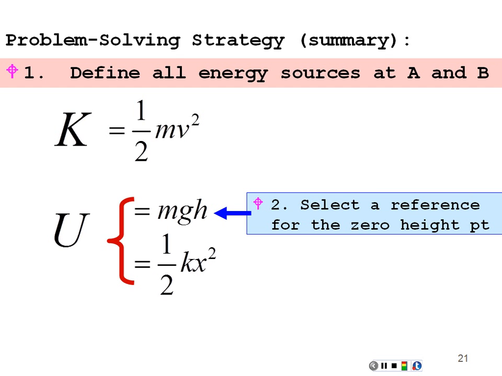Your problem will still work out as long as you're consistent with your definition of your height. Anything above a certain point would be positive, anything below a certain point would be negative height. That would work. It's just slightly more complicated. So I would just select your lowest height as being your zero height.